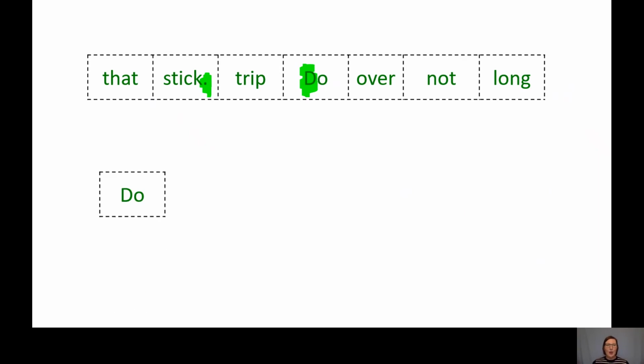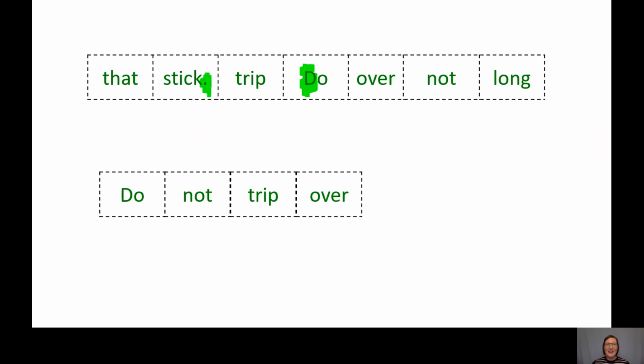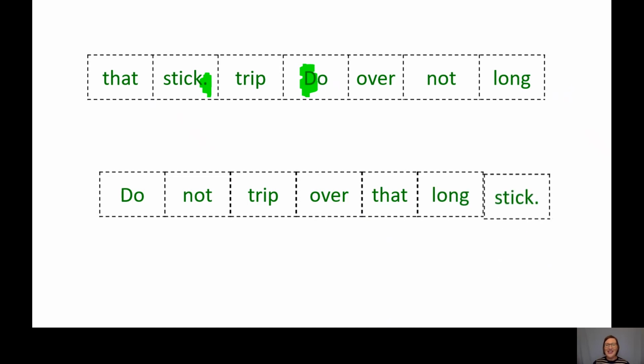Do not or over. Do not trip over. What's next? Would it be that or would it be long? It's that. Do not trip over that long stick. That's very bossy again, isn't it?